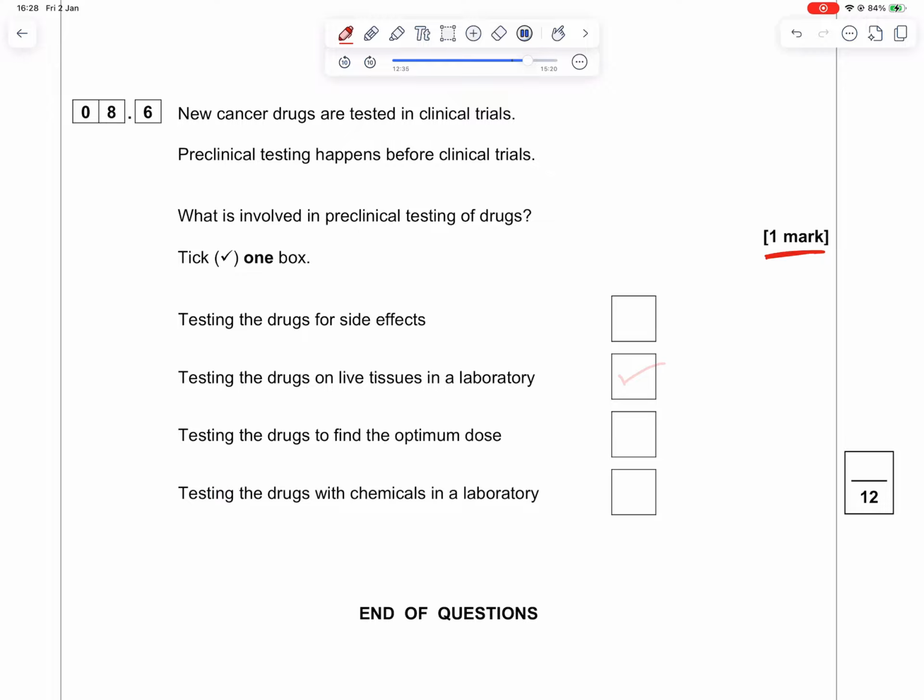At this stage, drugs are tested on live tissues in a laboratory to see how they react. So therefore, this is our correct answer. Now remember, side effects and optimum dosages are tested later during clinical trial once we have established that that drug can be used on a live tissue.